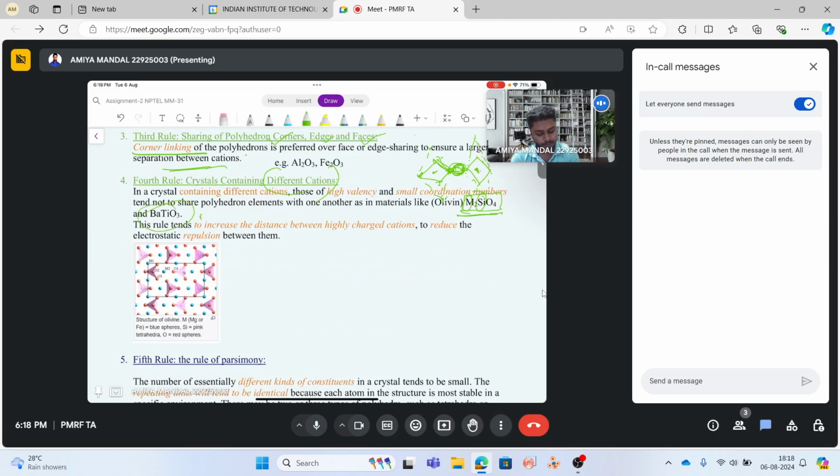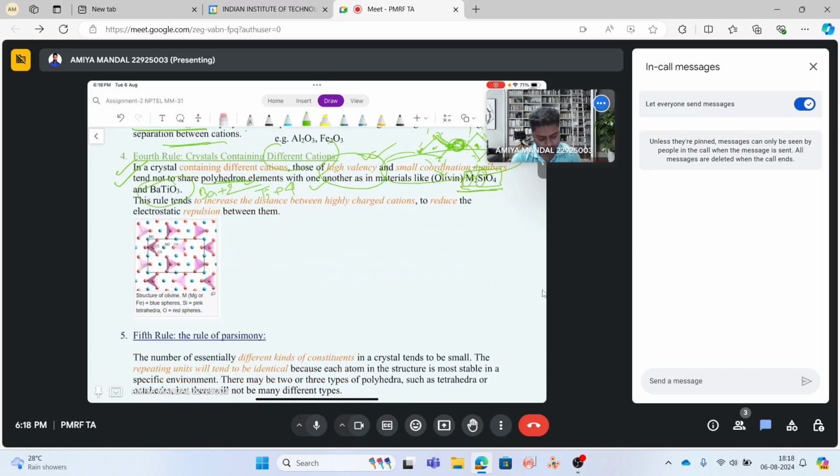Here, barium has a +2 charge and titanium has a +4 charge. All of this depends on high valency and small coordination number. Cations which have high valency and small coordination number do not share the polyhedra formed by them with one another in the material. This is one of the most important properties of the fourth rule.